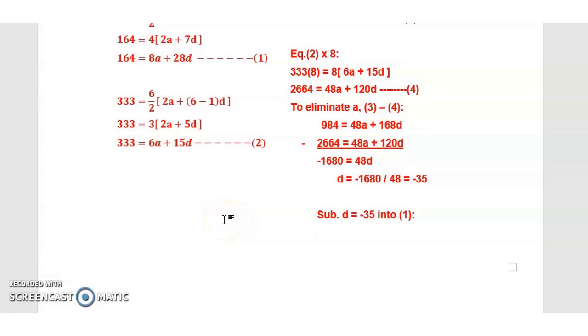Equation 1 is 164 equal to 8a plus 28d. So d equal to negative 35. So 164 equal to 8a, plus 28 multiplied by negative 35, equal to negative 980.